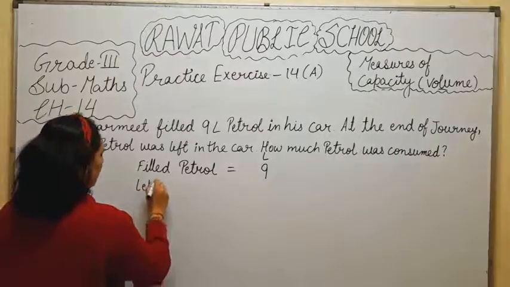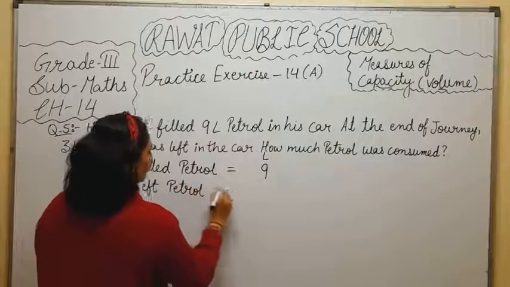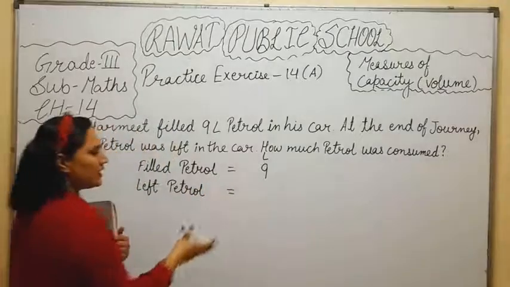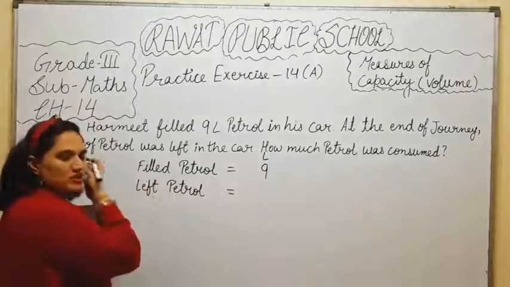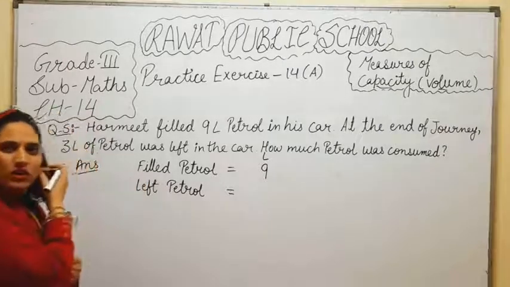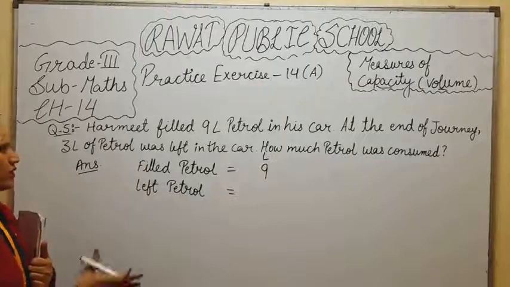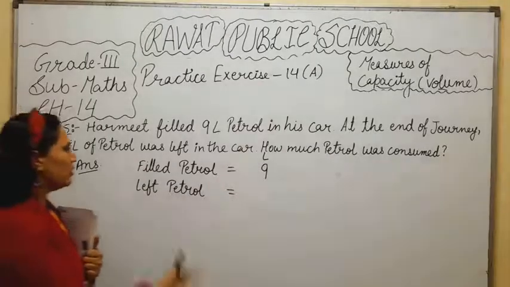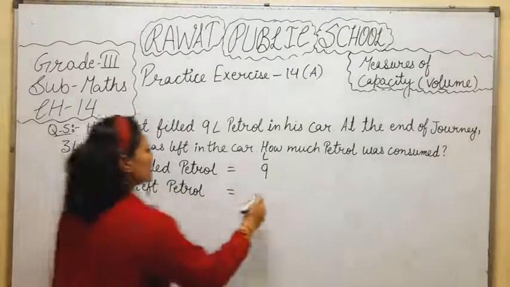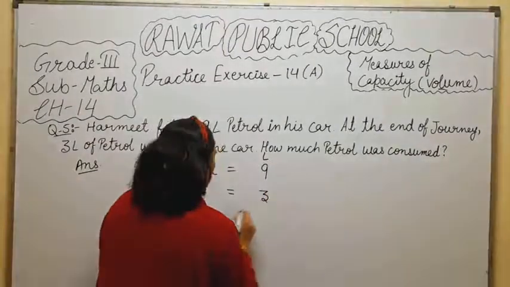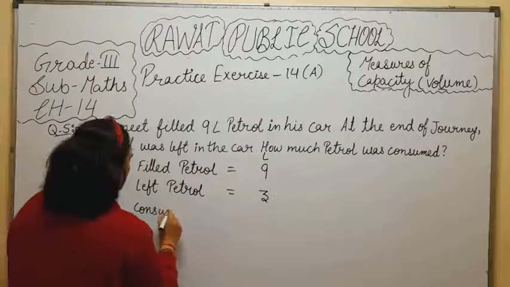So we'll write left petrol. No need to write down the car here because we know that we are talking about the same question. So how much petrol is left in his car? 3 liter. So we write 3 here, and consumed.